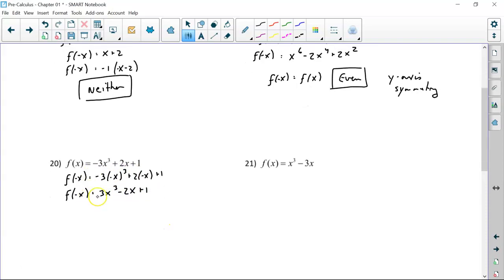Now, it's not equal to our original, so we know even is out. So we're going to factor out a negative 1. So it's going to be negative 1 times negative 3x cubed plus 2x minus 1. So that's f of negative x. It's really close, but because it's a negative 1 inside instead of a positive 1 right there, it's neither. It was almost odd, but it's not. It's neither.